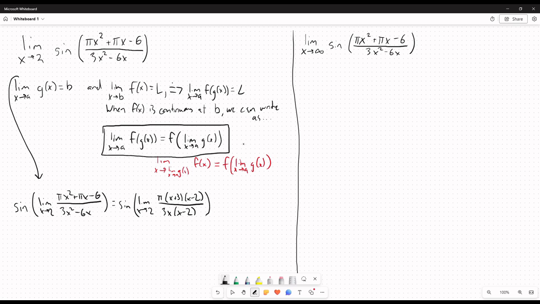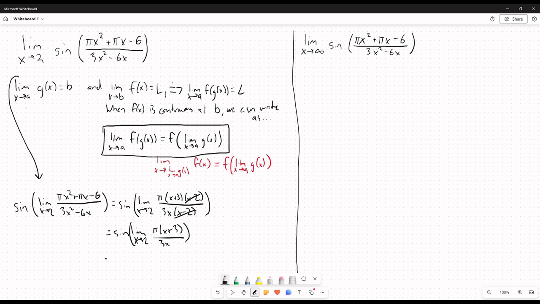If you tried to plug in 2, you would get 0 over 0, but thankfully we have some stuff that cancels. So this is really going to be sine of the limit as x approaches 2 of pi times (x plus 3) over 3x. And that is defined at 2, so we are able to go ahead and simplify that.